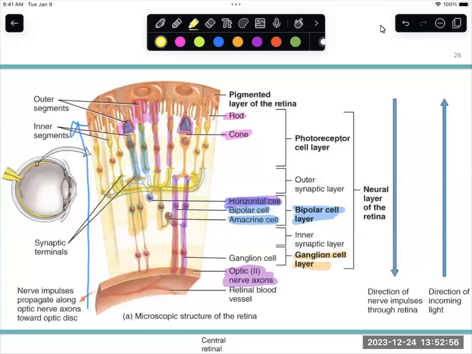I keep saying those backwards. They attach to all these different rods, one horizontal cell, which is why our vision is not as clear in dim or dark light versus those cones that go directly to those bipolar cells, which go directly to those ganglion cells, which provide a lot clearer, more precise vision.